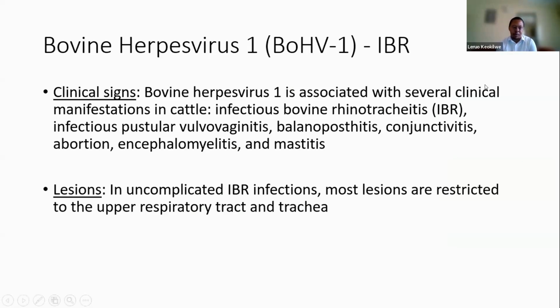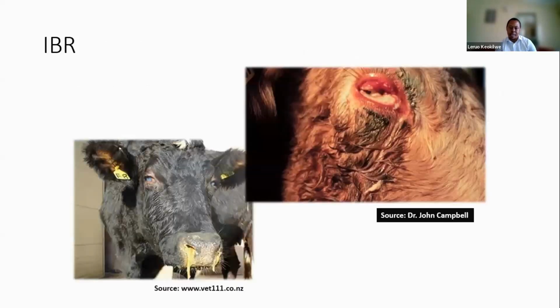We will see a picture with the conjunctivitis and abortion. But most lesions of infectious bovine rhinotracheitis or IBR are confined or restricted to the upper respiratory tract, the trachea in particular. Here we see conjunctivitis.